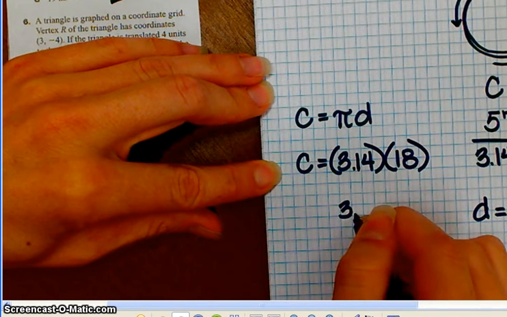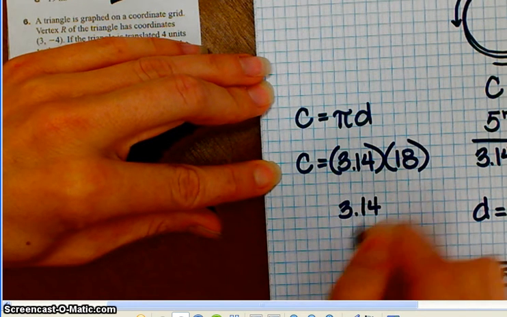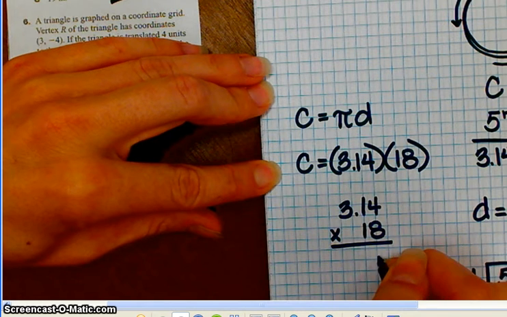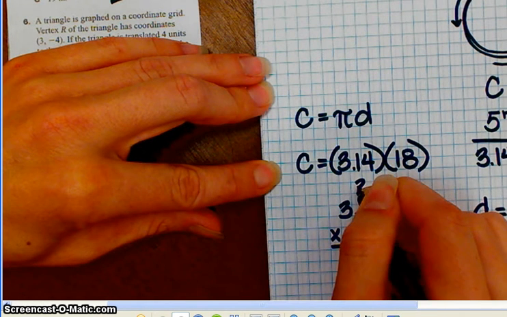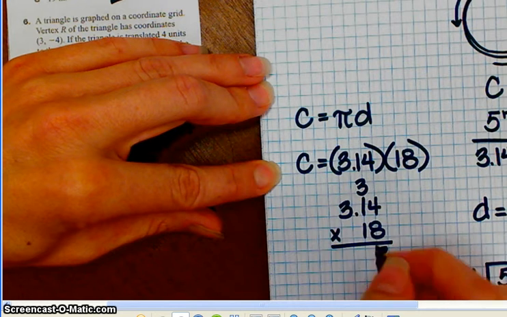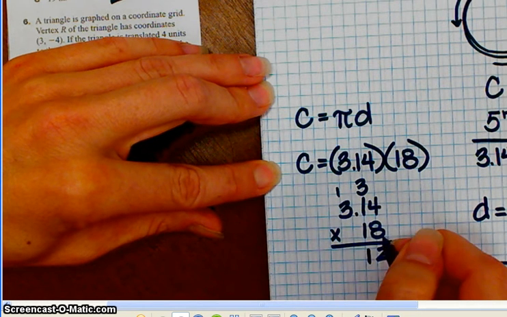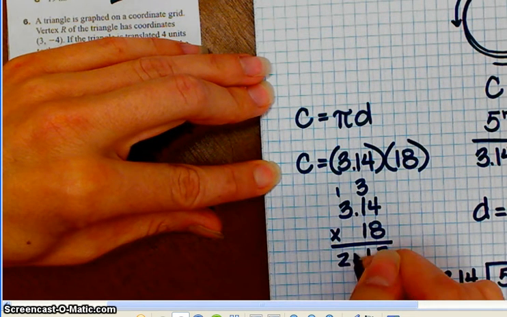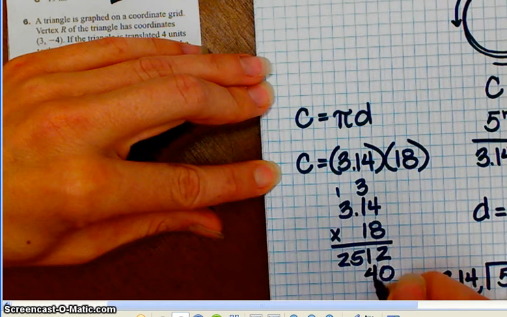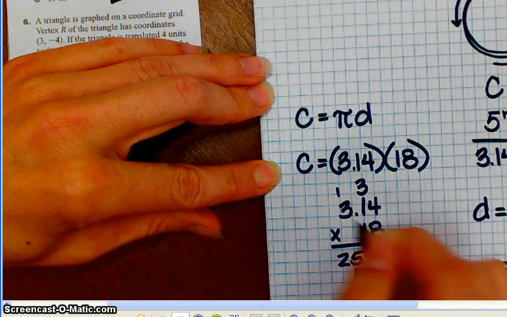So 3.14 times 18. 8 times 4 is 32. 8 times 1 is 8. Plus 3 is 11. 8 times 3 is 24. That's 25. Put a placeholder 0. 1 times 4. 1 times 1. 1 times 3.